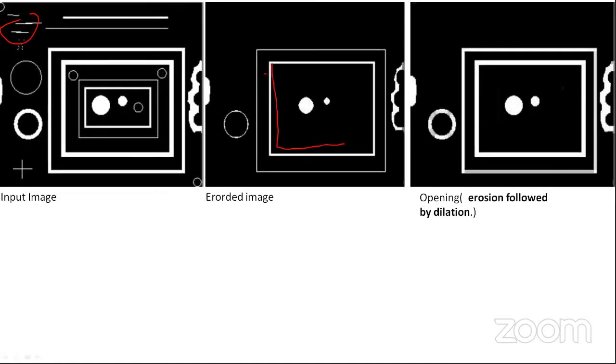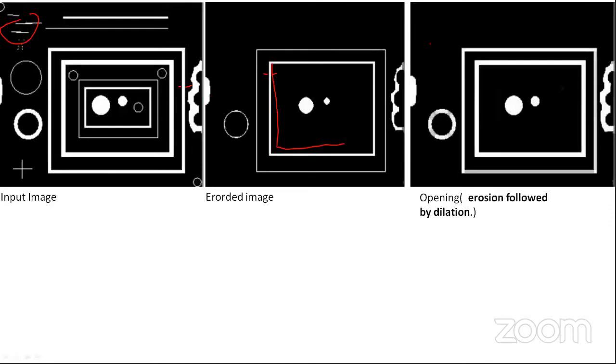Now I want the same thickness. What I will do, I will use dilation after using the erosion. So once I remove my noise, then I will dilate my image so that I can increase the thickness.